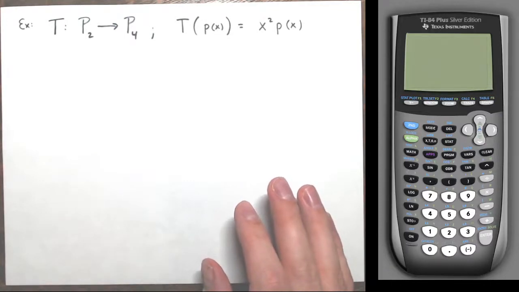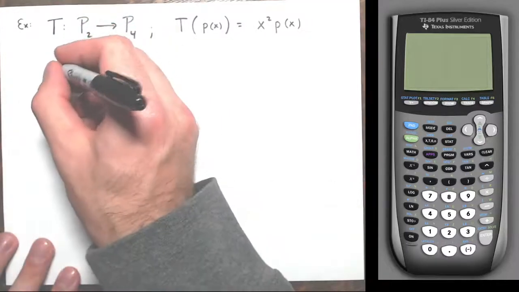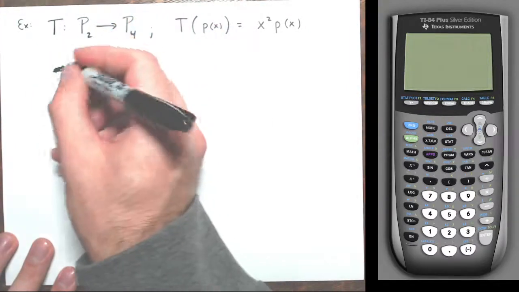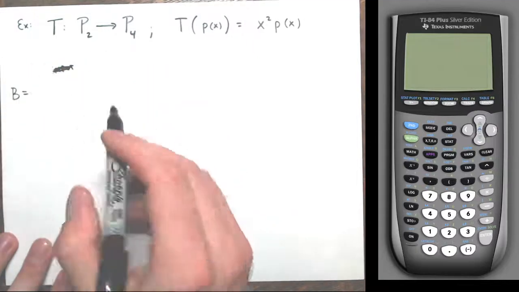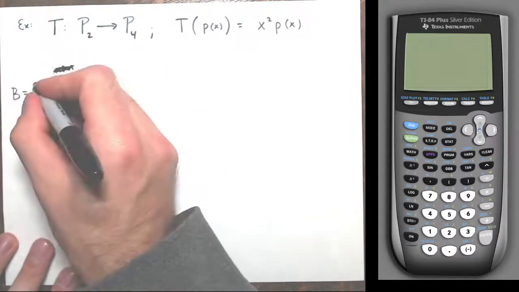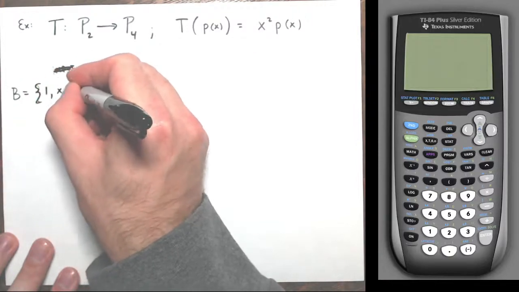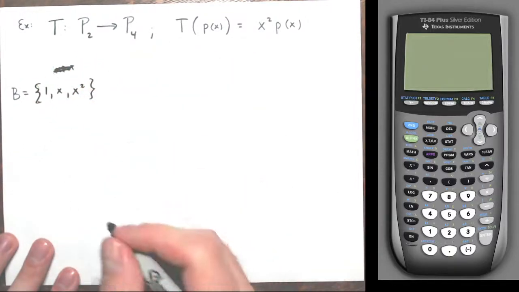And so here again, p of x. I'm going to change my input into coordinates. Let me write the standard bases. Say B is the standard basis for the domain, which was P2, so 1, x, x squared is the standard basis for P2.